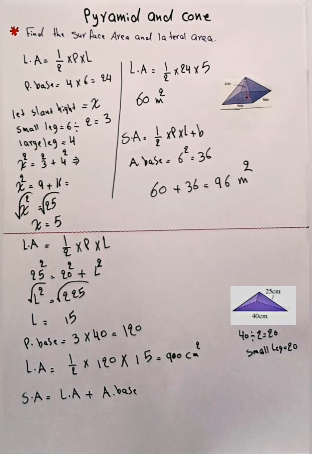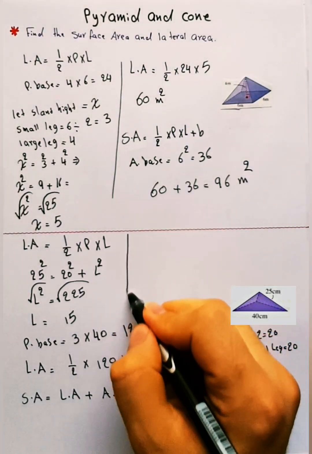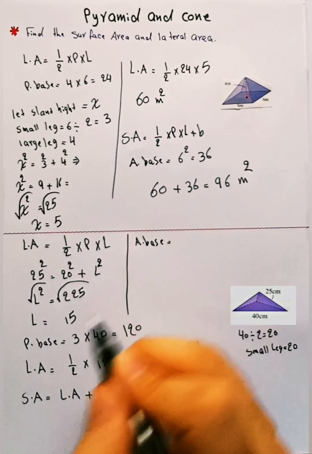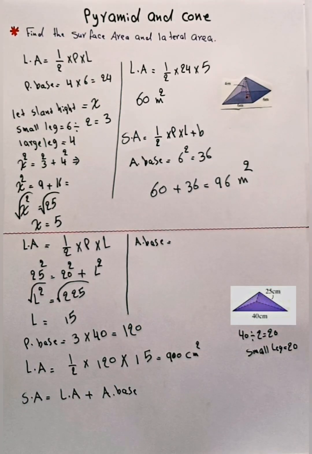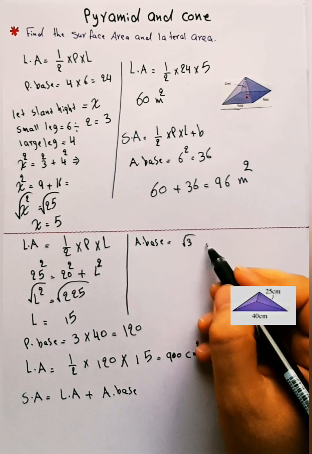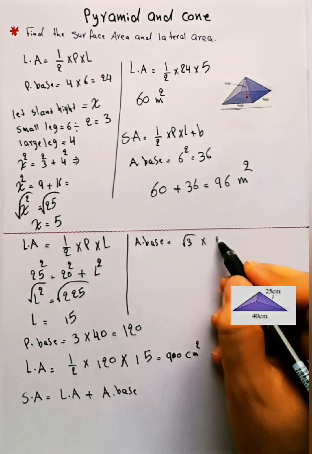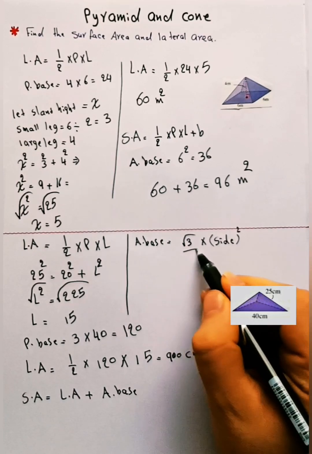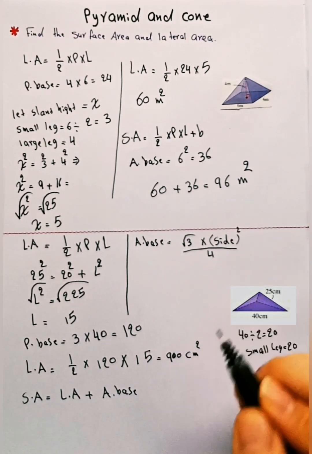So we need to find the area of the base. The rule for the area of the base is root 3 multiplied by side square out of 4.